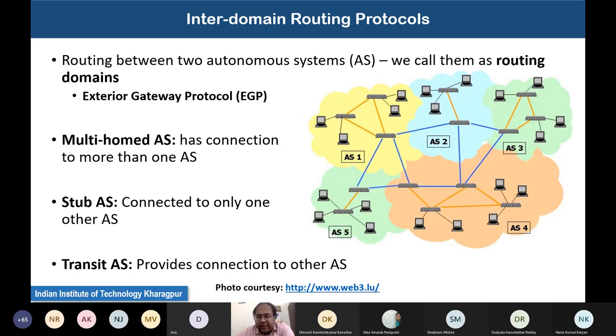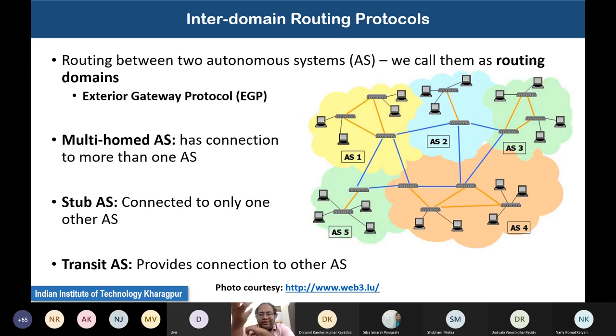We'll discuss these three different kinds of autonomous systems in detail. Typically, multi-homed autonomous systems are the internet service providers, typically Tier 2 or Tier 1, connected with multiple other autonomous systems. The stub autonomous systems are basically the points of presence or the users who are getting the services.